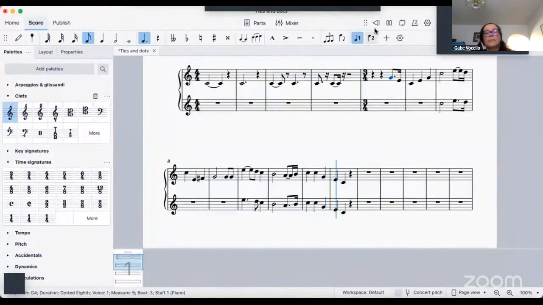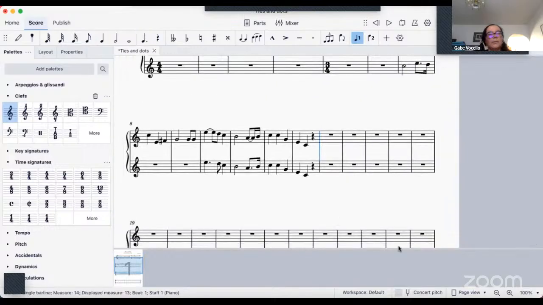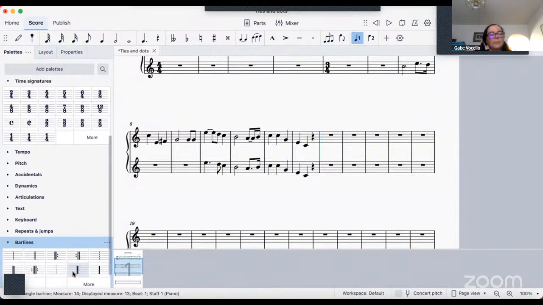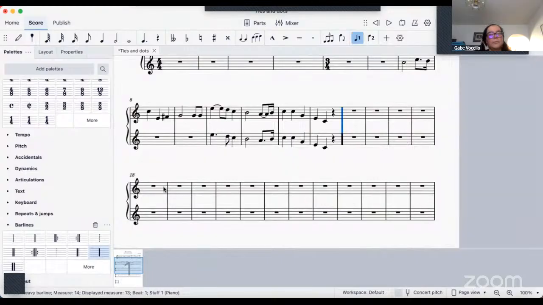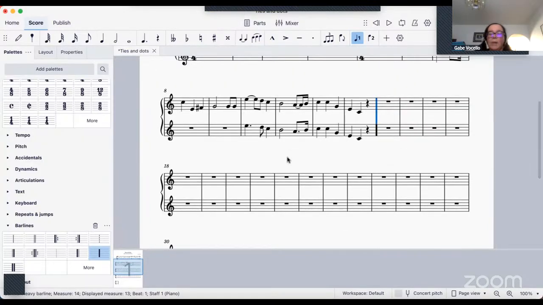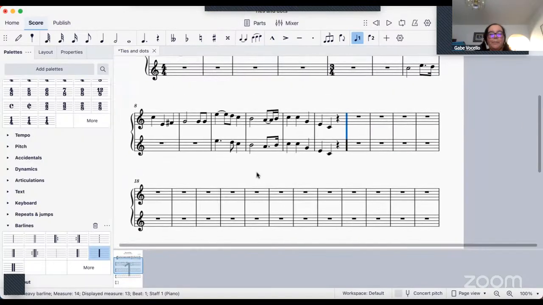Okay. Now I'm going to do the reverse. I'm going to put the dotted note and we're going to add the tie, okay?